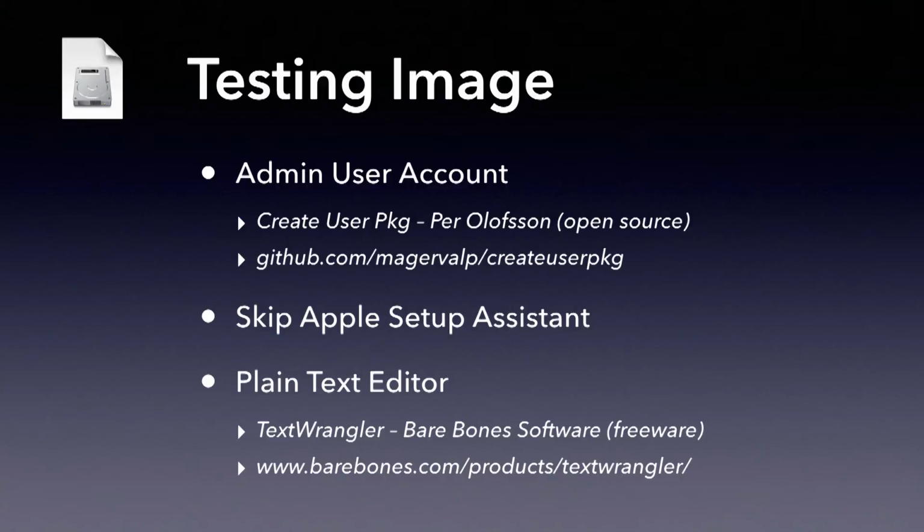So this is what I put in a testing image. Your mileage may vary, but I find this useful. Per has another tool called Create User Package. It's useful in all sorts of ways. Even if you choose not to do this and you want to create a user account, I use this. I would use this in DeployStudio even over DeployStudio's method of creating user packages.